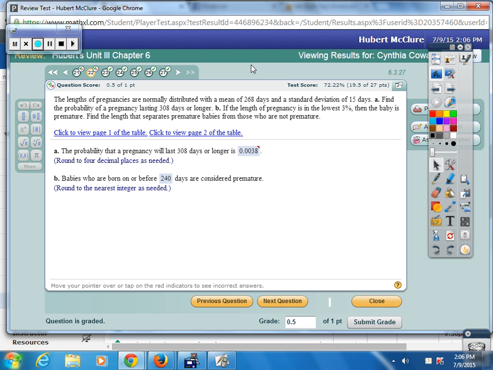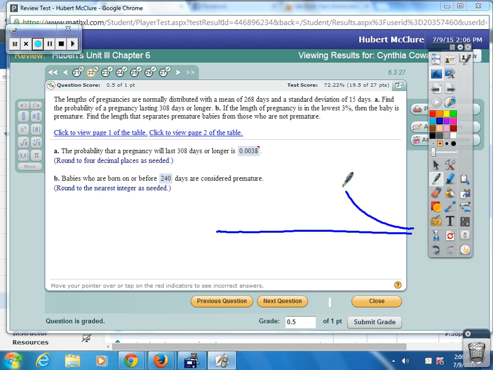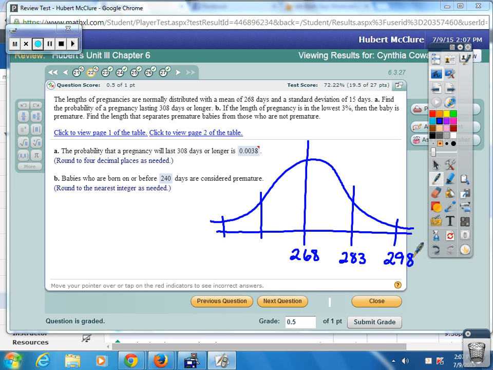Of course, the most important thing is to what? Draw a picture. All right. 268, somebody add these for me because I'm not going to add them. What's these two over here? 283, 298.